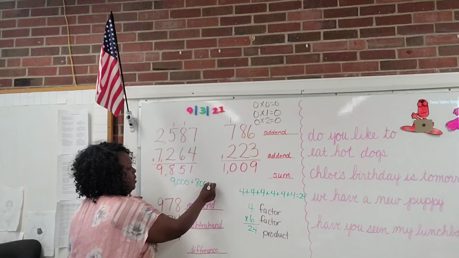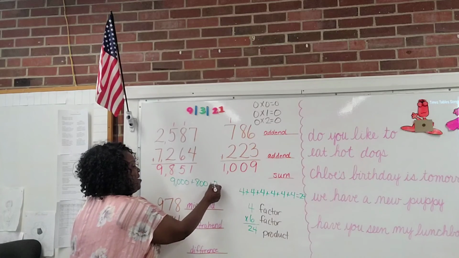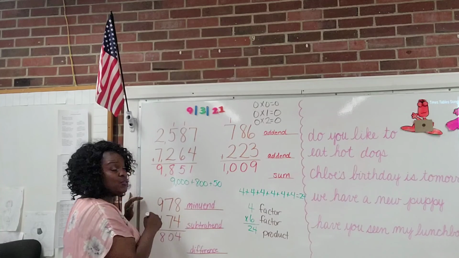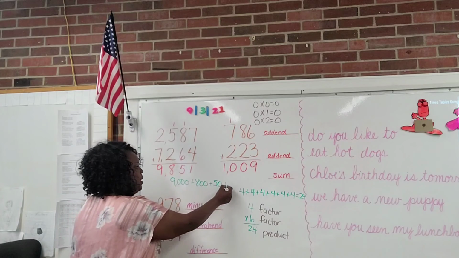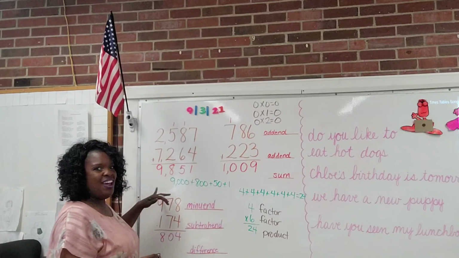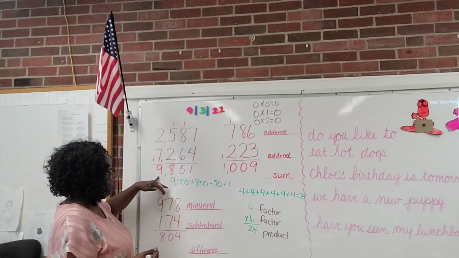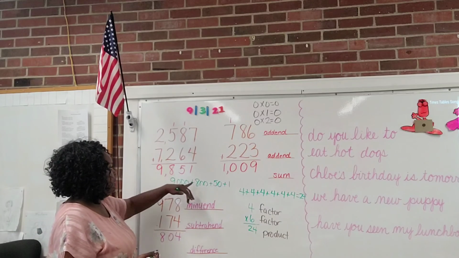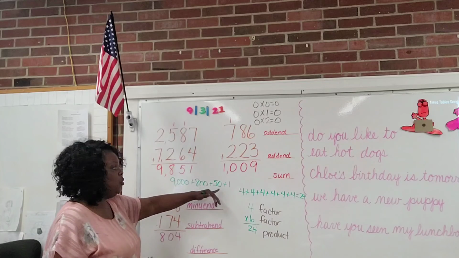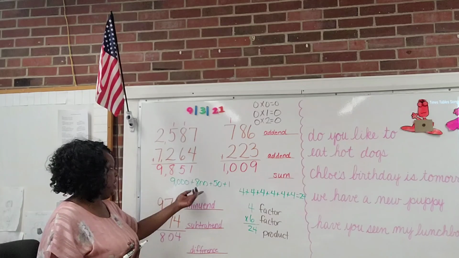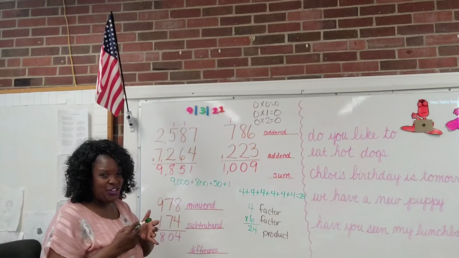Plus how many tens? Plus 50, because we have 5 tens. Plus how many ones? 1. That's writing in expanded form. So you're just taking this number, 9,000 plus 800 plus 50 plus 1 equals 9,851. All right, do you remember that?